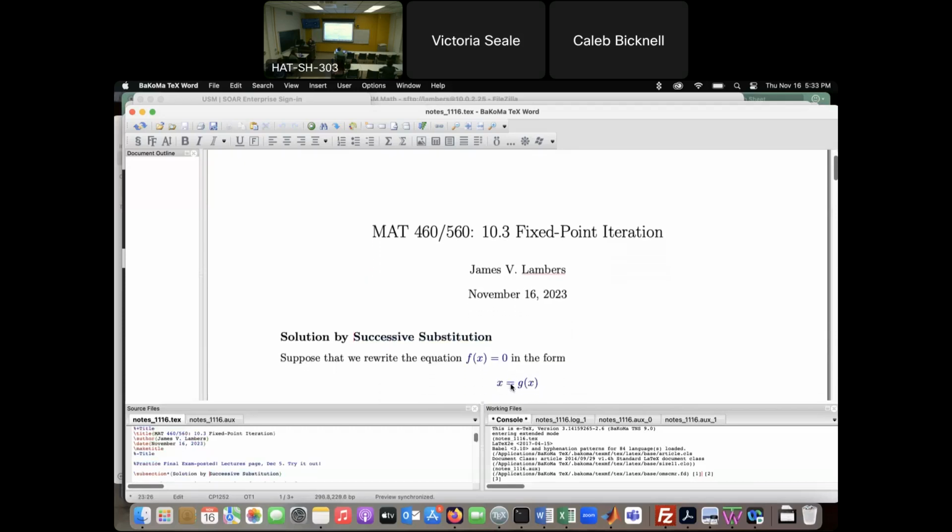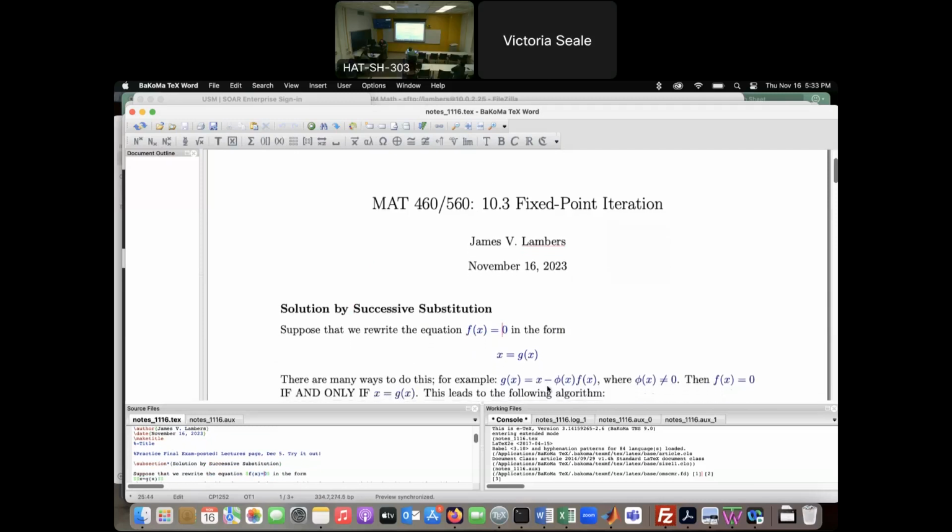The idea is this, and the story of this chapter is we're trying to solve this equation, f of x is equal to 0. But what we can do is, if we were to algebraically rewrite this equation to be in this form, x equals g of x. Now, there are a zillion different ways we can do this. The simplest one is we define g of x this way.